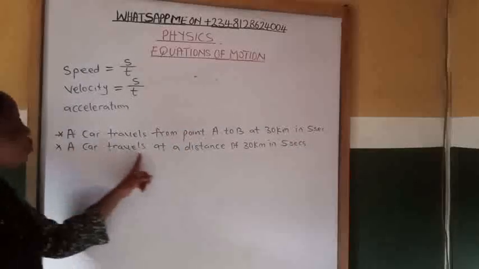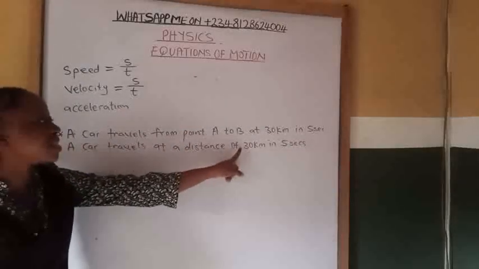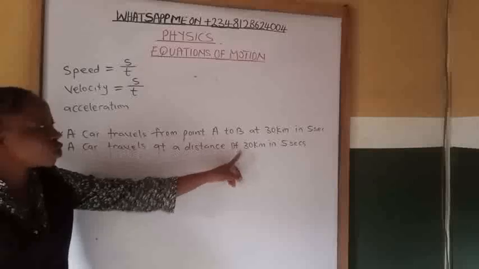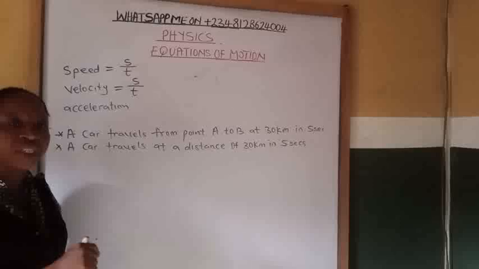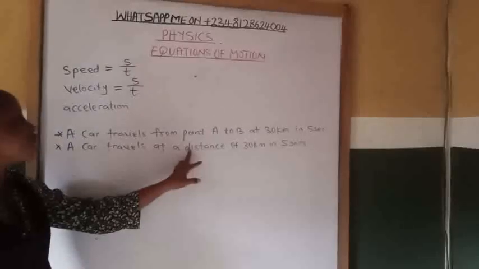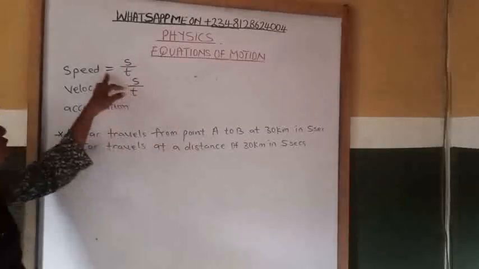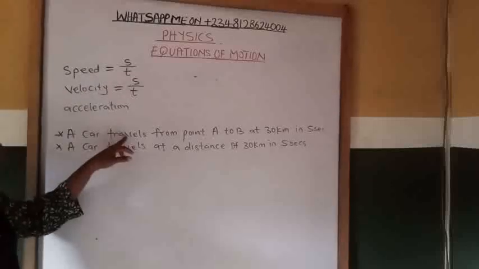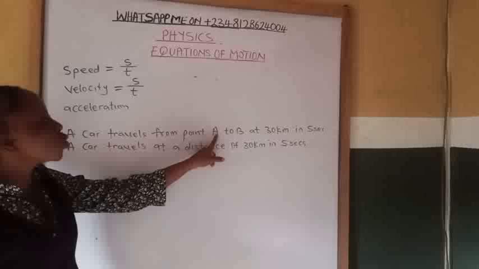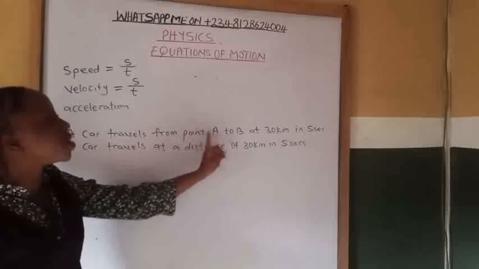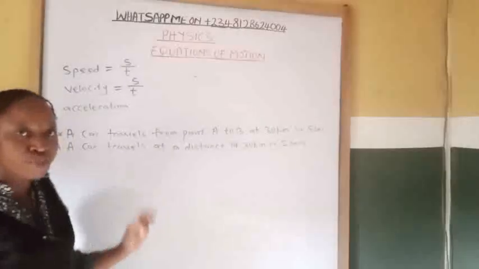We don't know the starting point of the car and we don't know the end point of the car. So the second statement is talking about speed. The first statement is talking about velocity, because there is a specified direction from point A to point B.